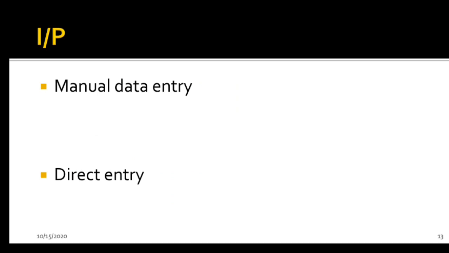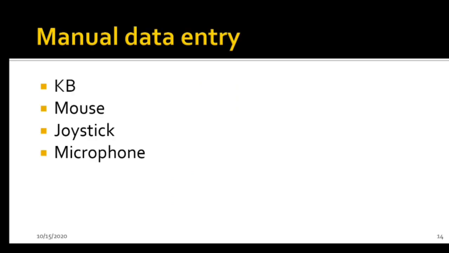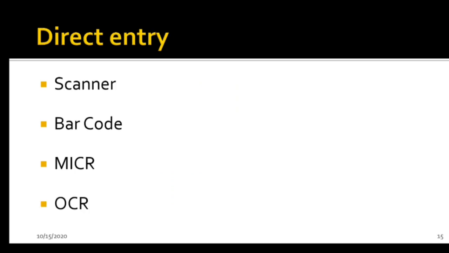Then input components. Input units are used for data entry, and we can classify them into two classes: manual data entry and direct data entry. For manual data entry, devices are keyboard, mouse, joystick and microphone. For direct entry, we have scanner, barcode reader, MICR and OCR.